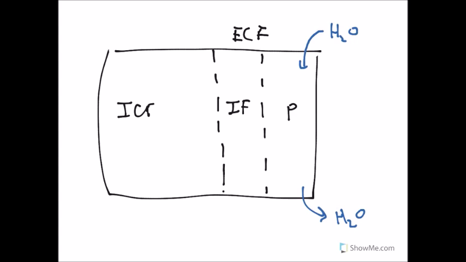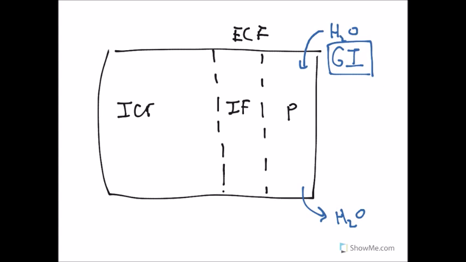By far, most gains are going to be done through the GI tract. The digestive system is where I'm going to gain the majority of water. I drink water. It passes through my digestive tract. It's absorbed by the epithelium of the intestines, where it is transported through that epithelium into the bloodstream, and now that's in the plasma.